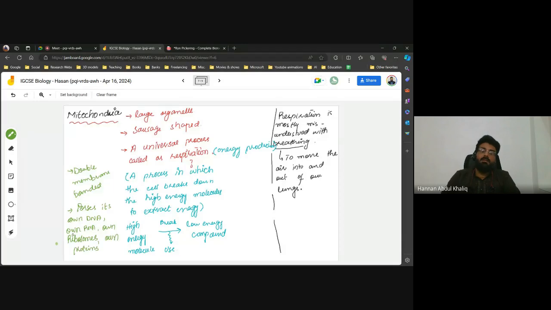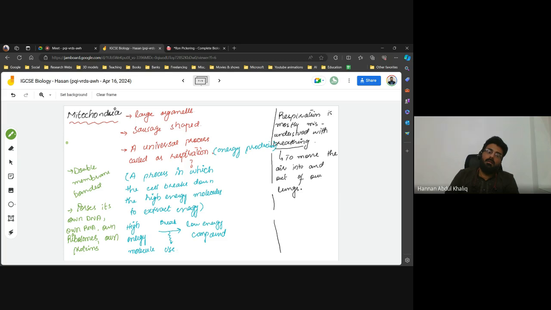You can say that mitochondria is a cell within a cell. All these things we can find in a cell, the mitochondria also possesses. So you know that mitochondria is supposed to be called a self-sustaining organelle. It is also called self-replicating.